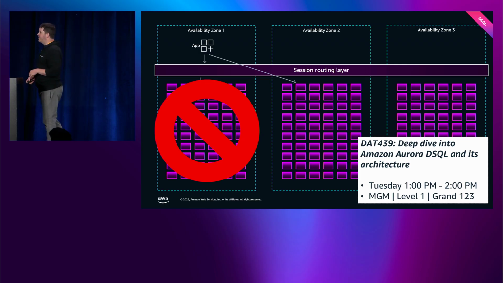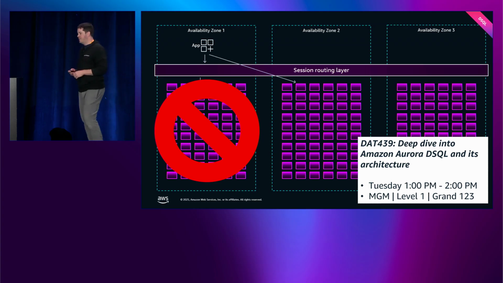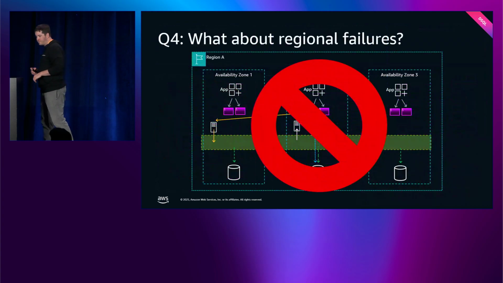Now, in the event that your application is somehow available and yet DSQL is completely down in a region, don't worry about that. DSQL from the top to the bottom is able to automatically fail over to a healthy zone. And so if an entire zone becomes unavailable, just reconnect and you'll get a healthy QP. If you'd like to learn more about this part of the service, please join me tomorrow at 1 p.m. for DAT439, where I'm going to be doing a deep dive into how we built this.